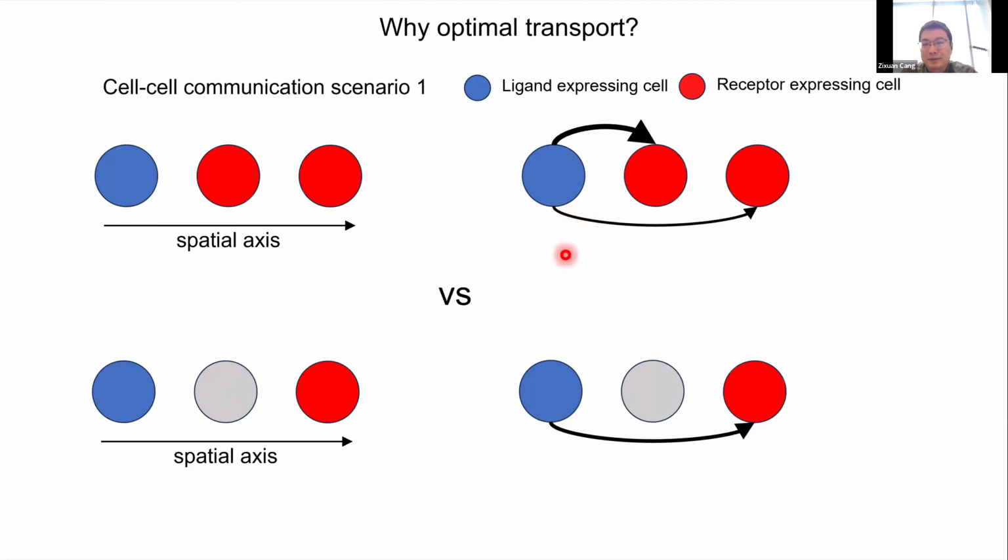Okay. So you see here, using some traditional graph-based scoring system, for example, we can always design an empirical function that takes into account the expression level and also the spatial distance that outputs a score. It won't be able to distinguish between these 2 scenarios, such that when the cell in the middle becomes a cell that does not express the receptor, the edge between the 2 cells on the 2 sides should have a stronger weight than this edge in the first case.